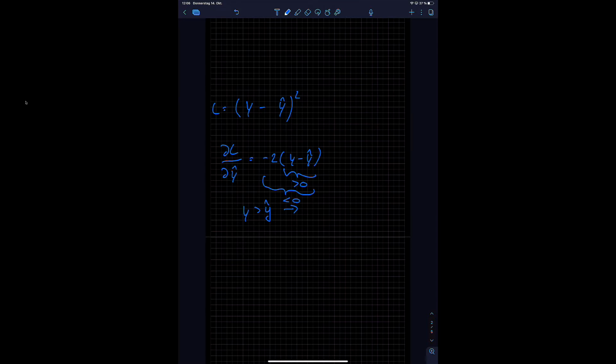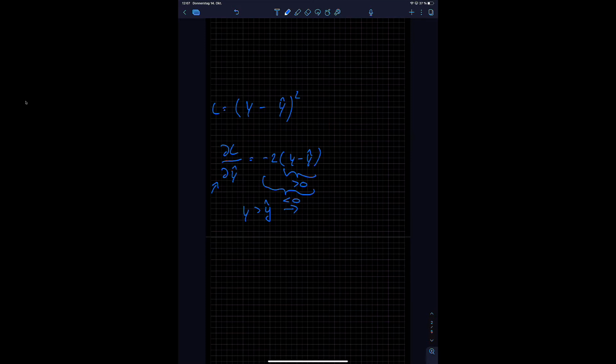And the negative number, with respect to the content that we have here, means that we should further increase our initial guess. And that typically makes sense, because if our initial guess is too low, and now we get the true value of y, then the gradient just tells us, okay, your initial guess was too low, you better increase it for the next time.